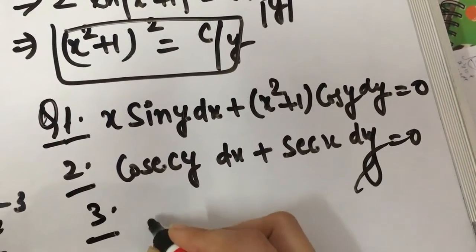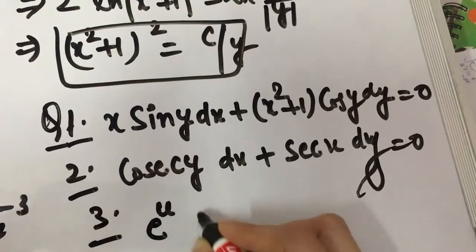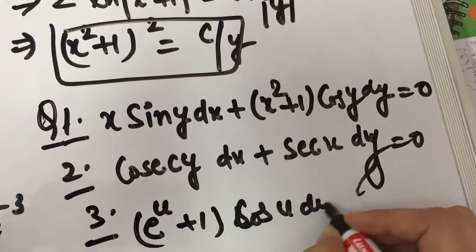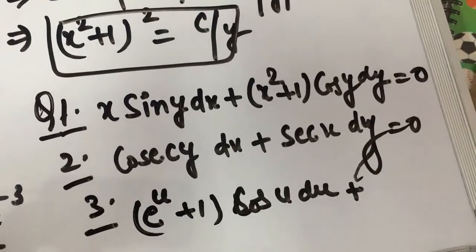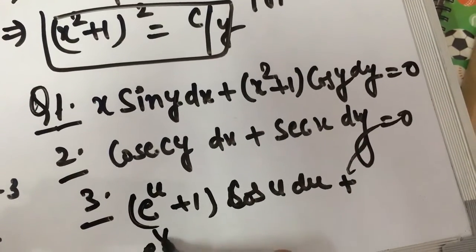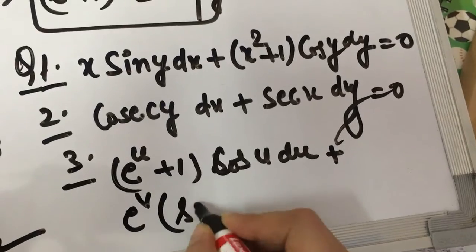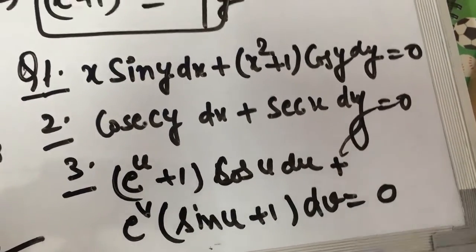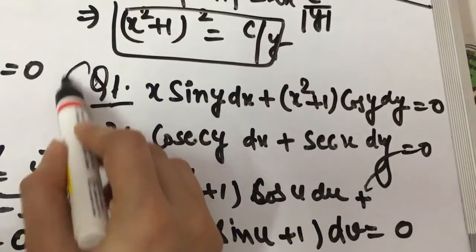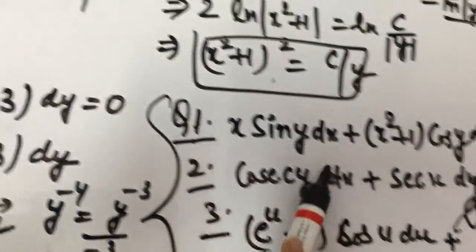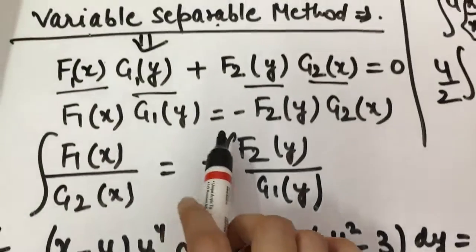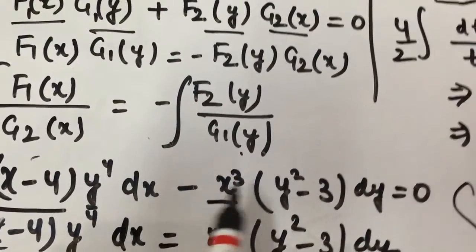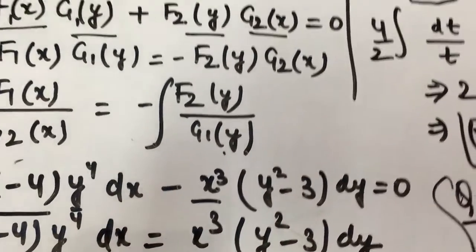And last is (e to the power u plus 1) cos u du plus e to the power v (sin u plus 1) dv equal to 0. These three questions are very easy to solve using this variable separable method, because you know integration and you know how to separate variables, so it is very easy.